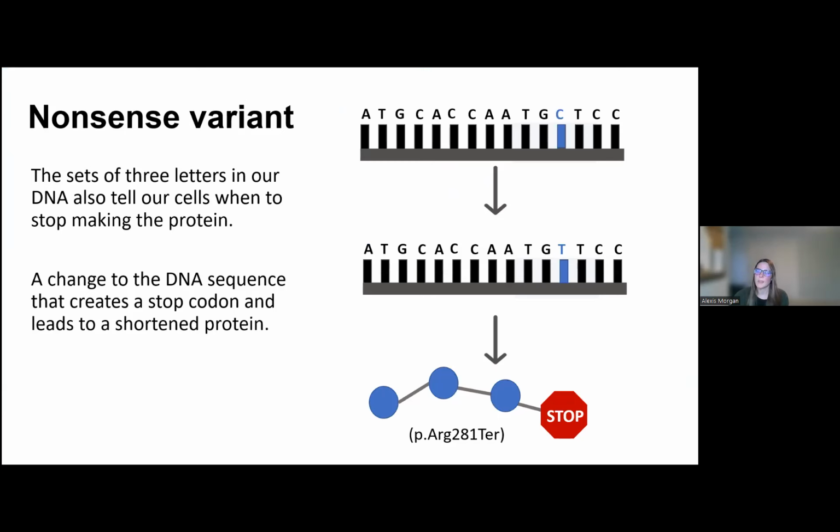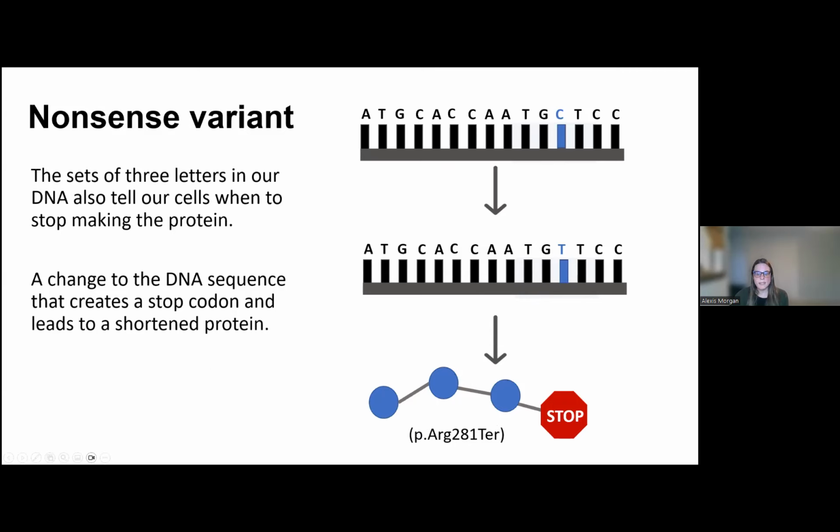Okay. So here, with a nonsense variant, we have a C that was changed to a T. That C changing to a T changes the amino acid. So typically, the C would code for an arginine amino acid, but when that C is changed to a T, it actually changes that arginine to a stop.